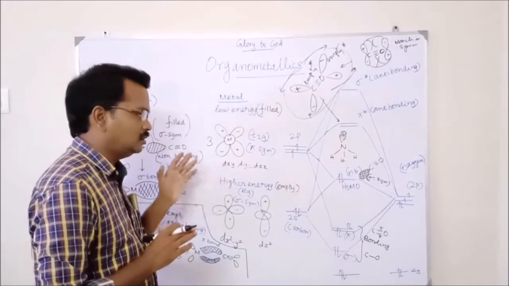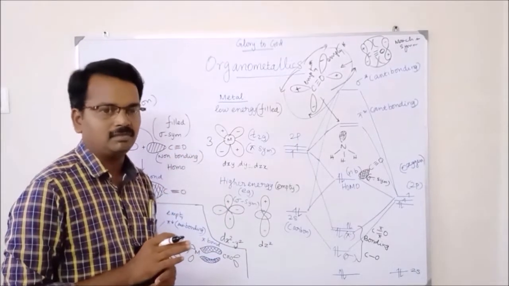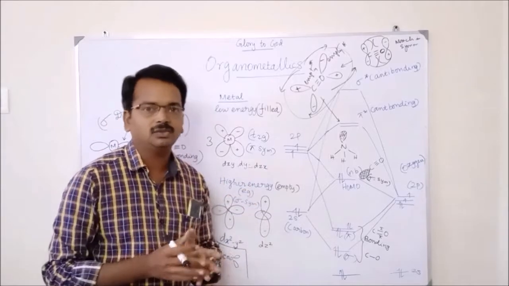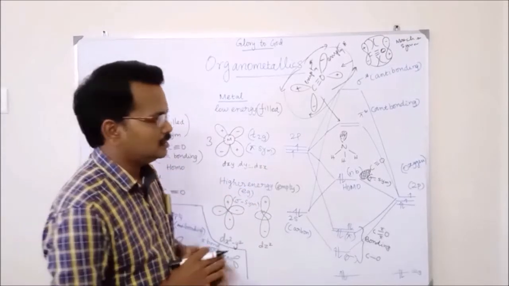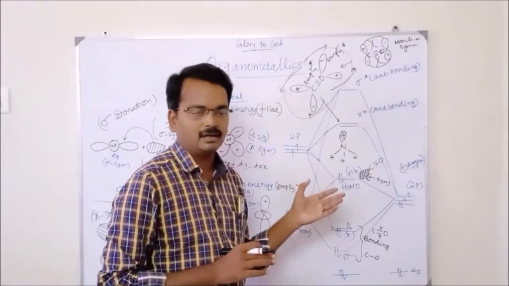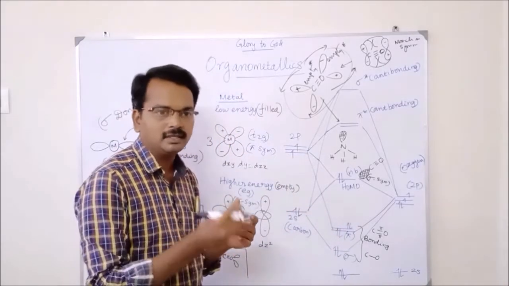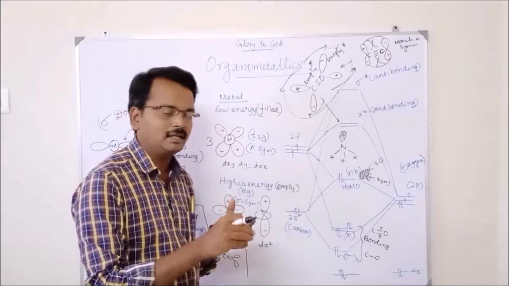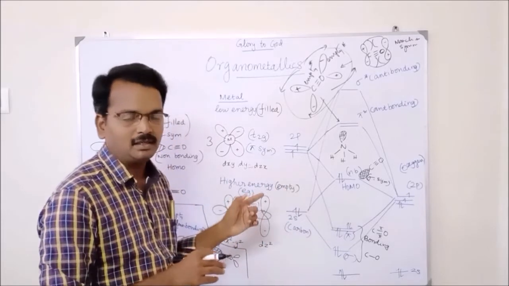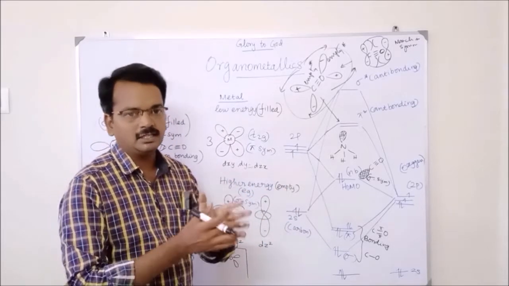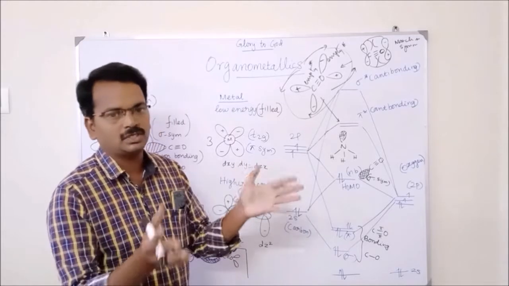Among those 5 d orbitals, they can be divided into two sets. Since the carbonyl group is acting as a ligand, when that carbonyl group approaches the metal, the metal d orbitals will get split into two sets.